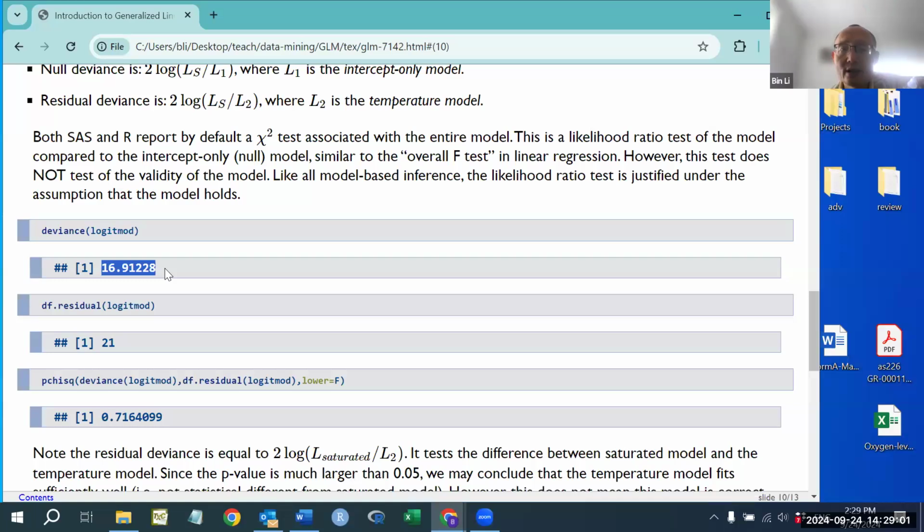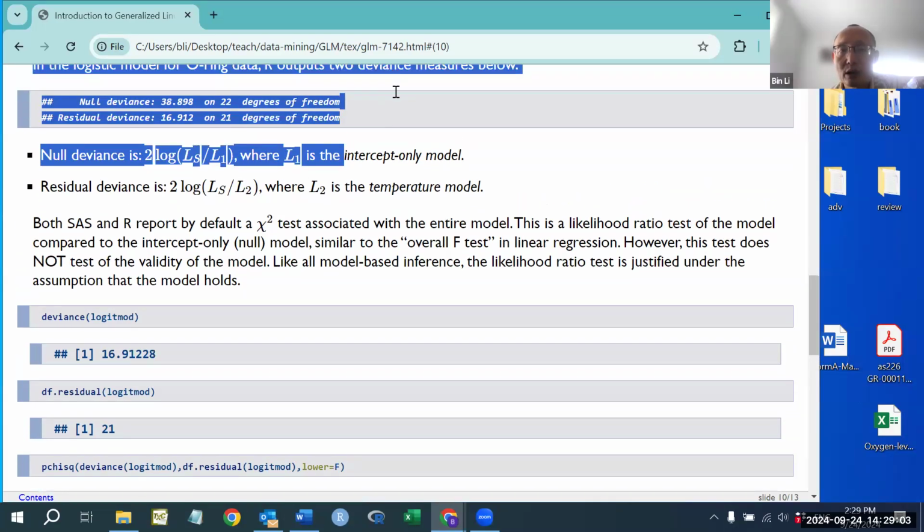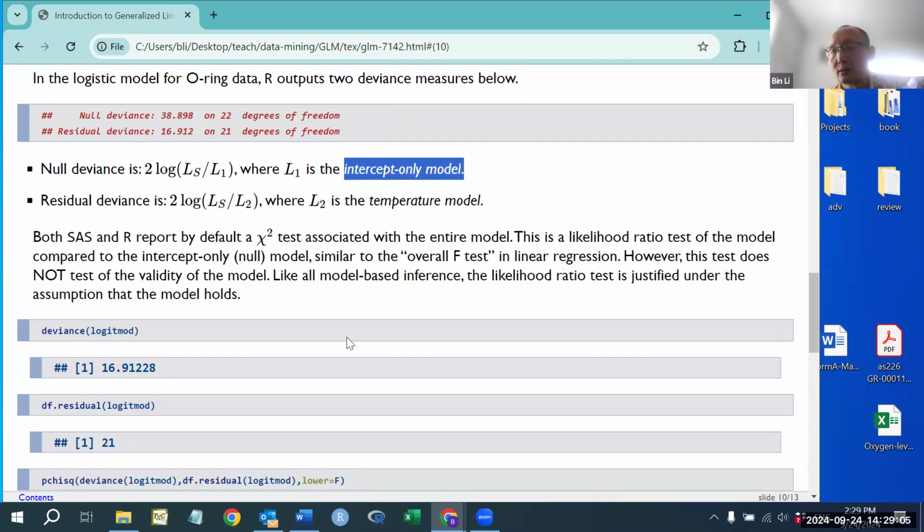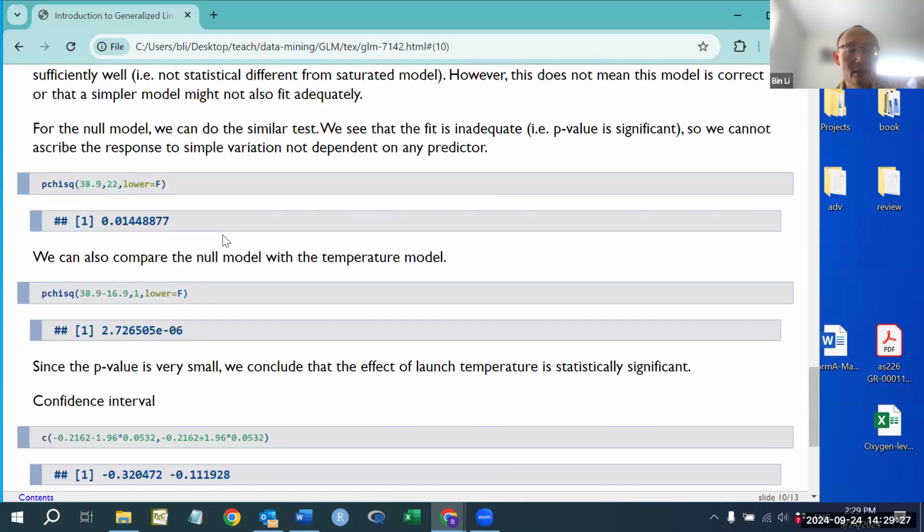What about the intercept only model? If we want to see if this is a good model or not, then we should use what? We should do the likelihood ratio test using the chi-square for the null deviance, because the null deviance is the likelihood ratio test between the saturated model and the intercept only model. Is that right? So then I run this.